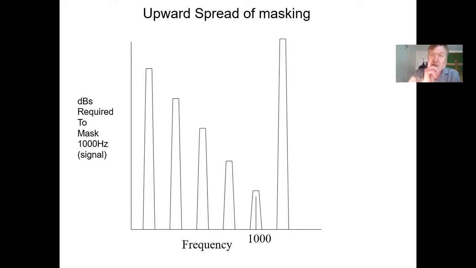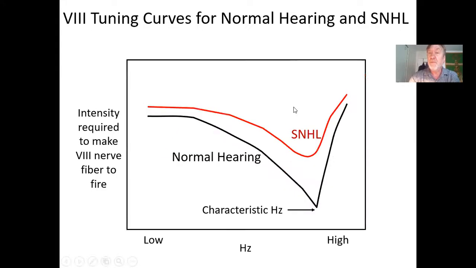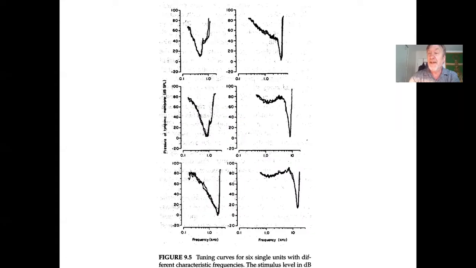But the worst masker is higher in frequency. Because if I try to mask 1,000 hertz with a higher frequency of narrow band noise, I'll have to go to the moon to do it. And do you see the similarity in shapes here? This is what I'm trying to tell you. There's the masking psychophysical tuning curves.